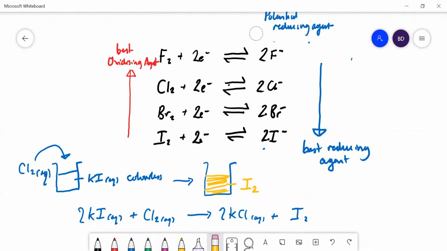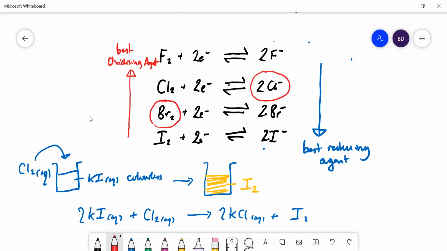And also we have a look at this, and you can see, if you added bromine water to chloride ions in solution, no reaction there, because the chloride ion is better at holding on to the electrons than the bromine is. If you did it the other way around, it would work.